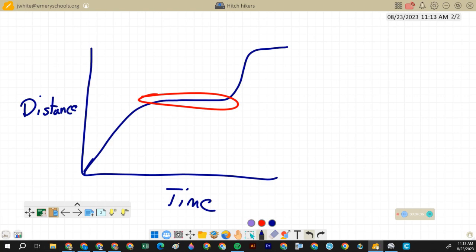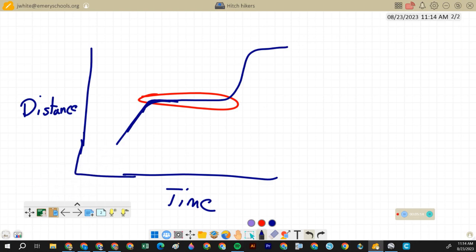Constant, meaning, so if you're driving in your car, no change, meaning you stopped, right? This is time versus distance. So when the graph is flat, this tells me I'm stopped. Okay, let me draw a better line here. There we go. Okay. What's happening?